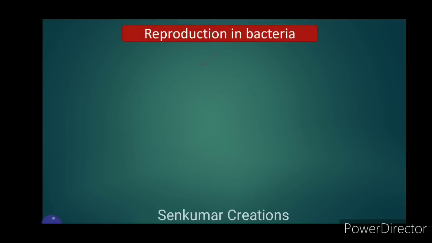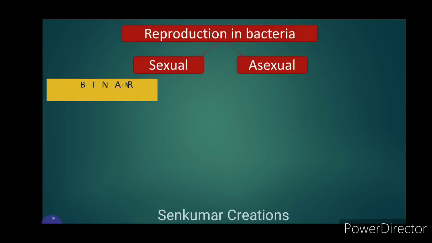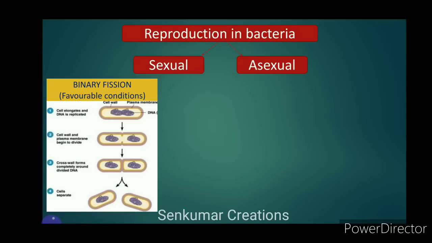Reproduction in bacteria. Reproduction happens by both sexual and asexual means. There are two groups, sexual and asexual. First let's see binary fission. Binary fission is asexual reproduction, the division of one cell into two cells. You can see this picture very clearly.